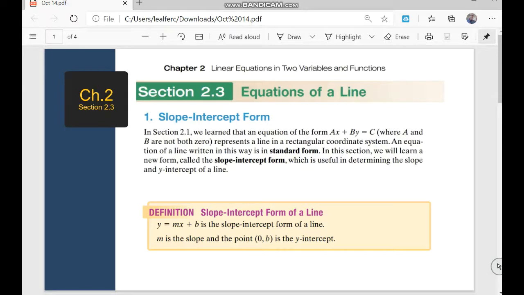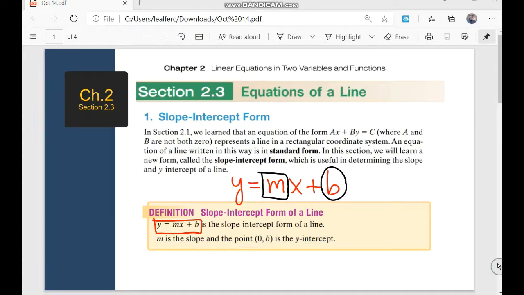We know the equation looks like this: y equals mx plus b, where m is the slope and b is the y-intercept. That's the reason this equation has these names: the slope, m, and the y-intercept form of a line.